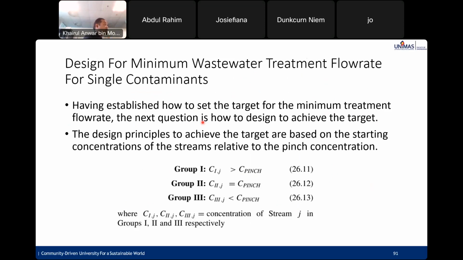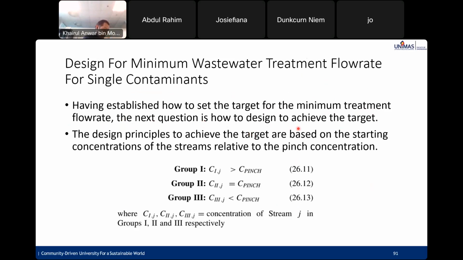Design for minimum wastewater treatment flow rate for single contaminant. Having established how to set the target for the minimum treatment, the next question is how to design to achieve the target.